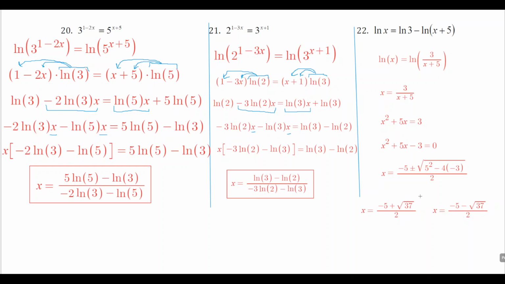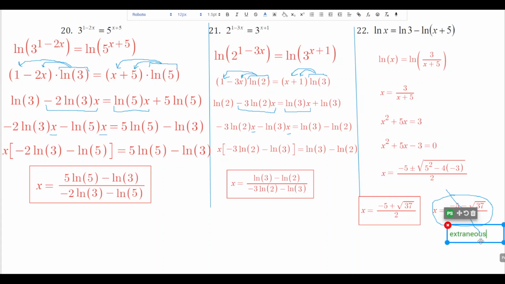There's one of our solutions, or maybe the only solution, and I think so, because here we have a negative divided by a positive. That one is going to be, unfortunately, extraneous. So this one right here, we will delete. Okay, so this is what we call extraneous. All right, and there's the solution to number 22.